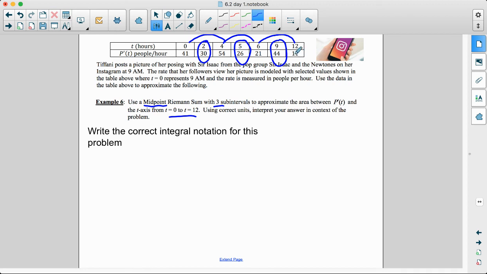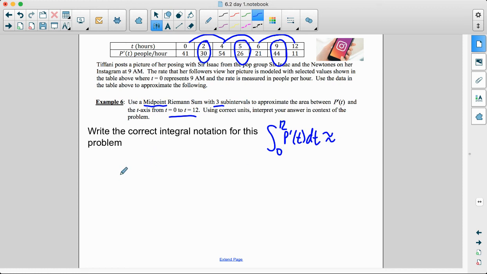And then your midpoint would be the one in the middle of each of those intervals. So you divide up your 12 into 3 subintervals. So you're going to go from 0 to 4, 4 to 6, and 6 to 12. And our integral notation would be 0 to 12. And it's an approximation.